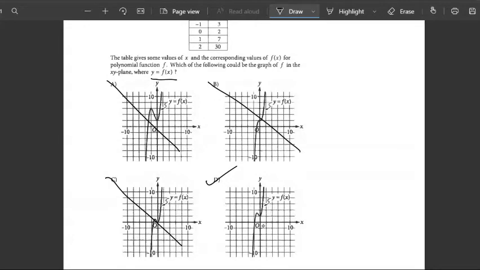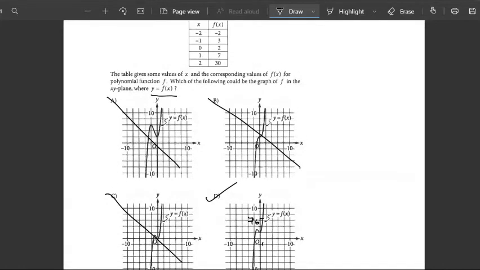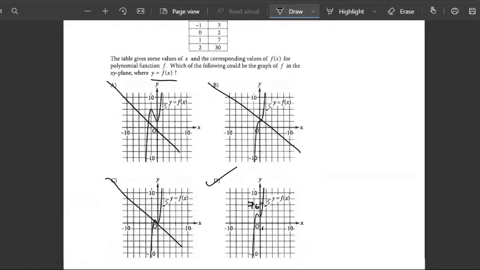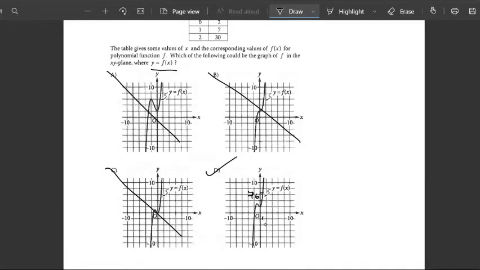Okay, so this will be 1 and 2, 4, 6. That's 6, that would be around 7. So that's correct. And also, if x is minus 2, y is minus 2. So this would also be minus 2. Yeah, so 7 is D.